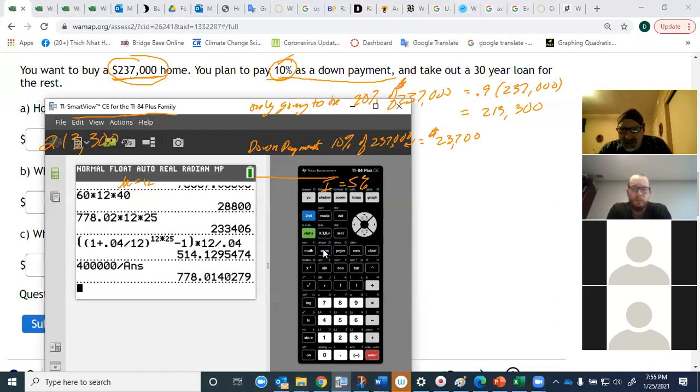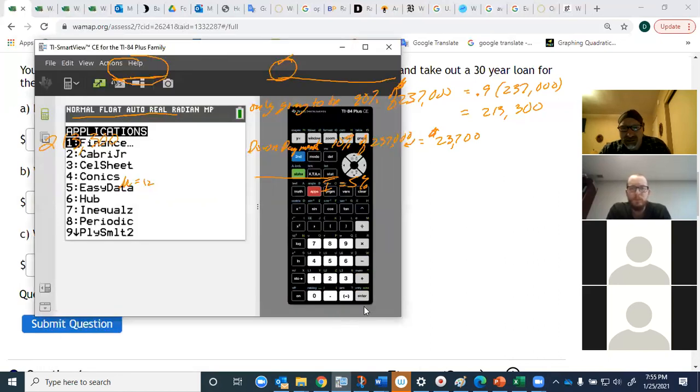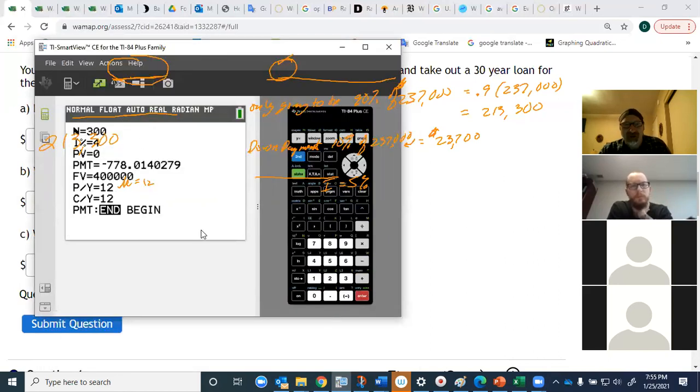So if we go to the app, remember, apps is right here. You click apps. It says it's already on finance, so you can just hit 1 or enter.